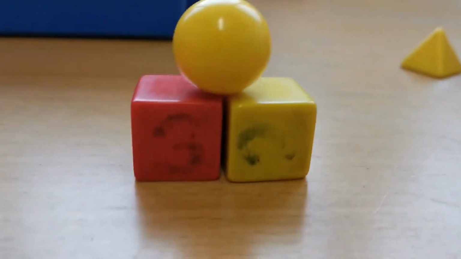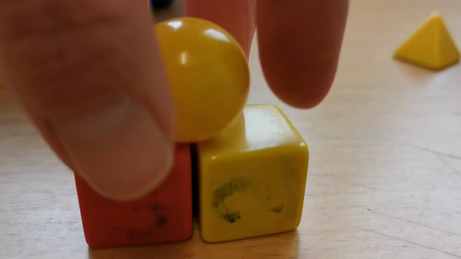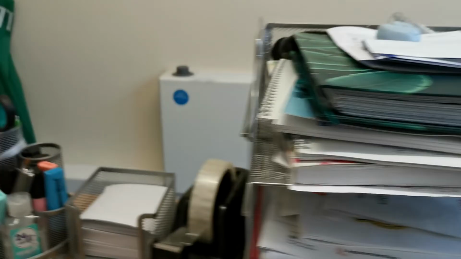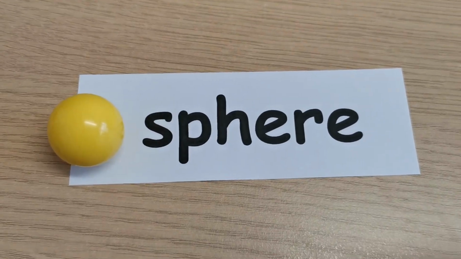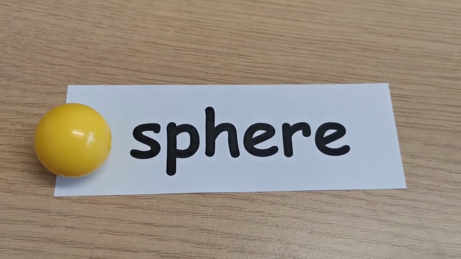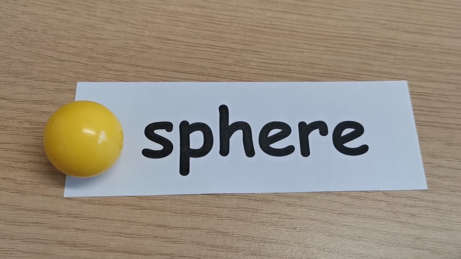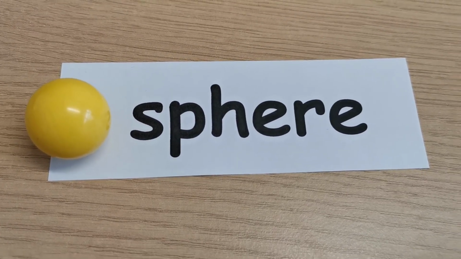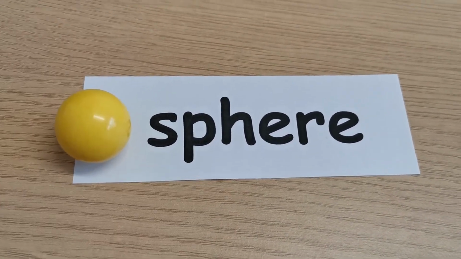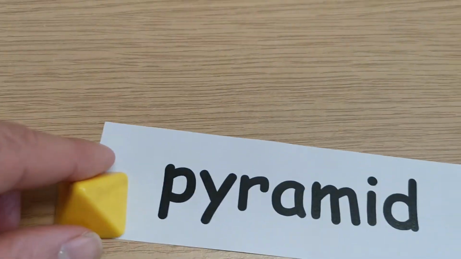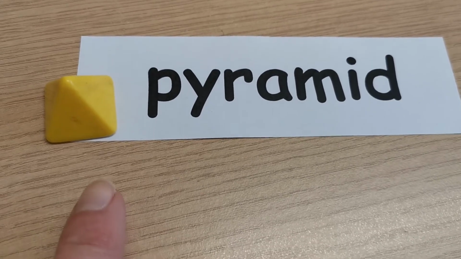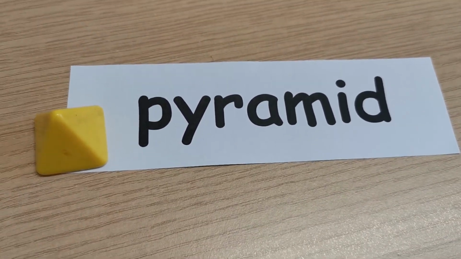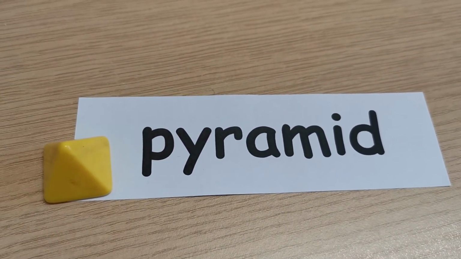Okay, well done everybody. Now I'm just going to go back to my names over here. Just have another little look at my names. So this shape here, the ball shape, is a, you say it, sphere. That's right, sphere. All right. Over here, this shape is a pyramid.